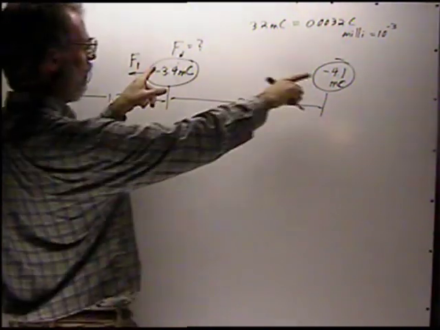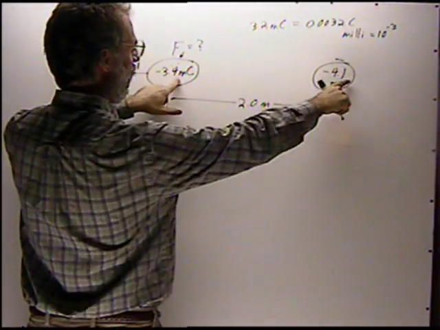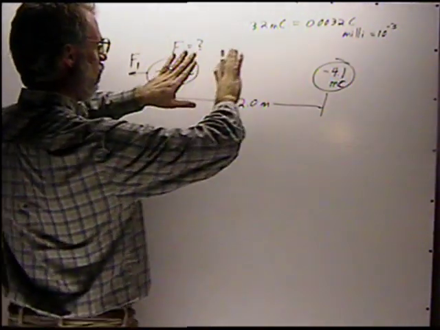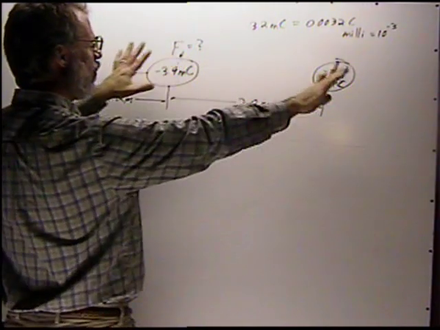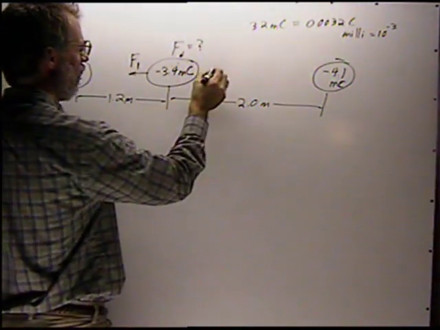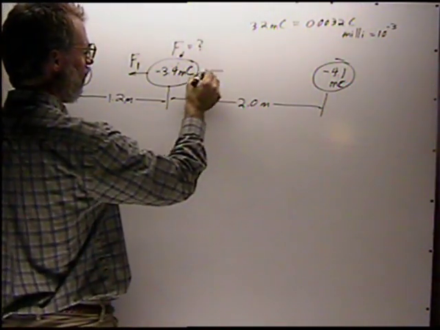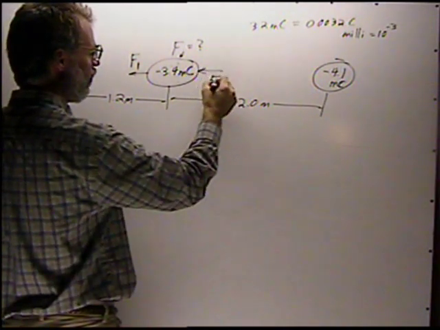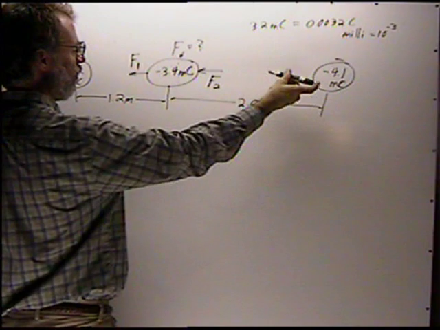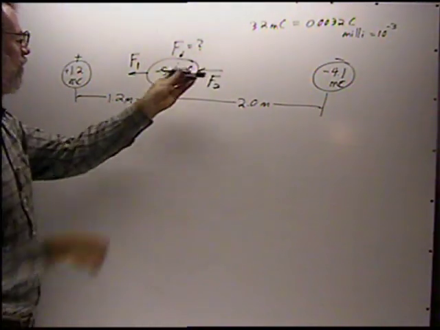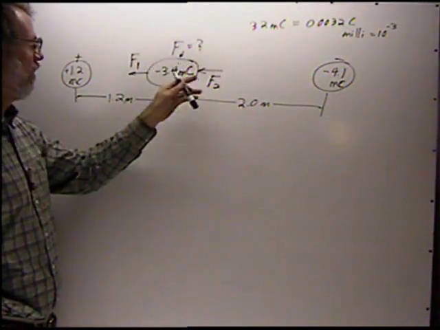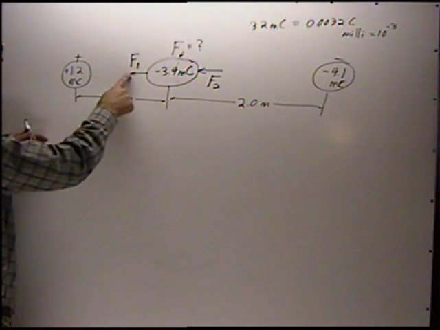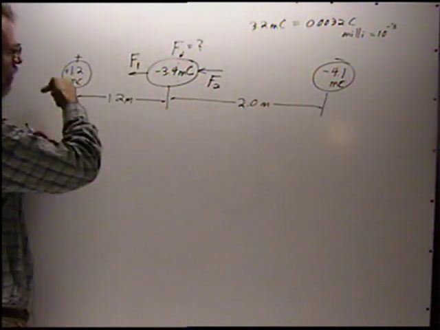Okay. And then look here. There's a minus charge and a minus charge here. There's going to be a repelling force here, and I'm going to put another one on this side. The force over on this side from this charge is going to cause a force to the left. This charge, F1, is going to cause a force also to the left.